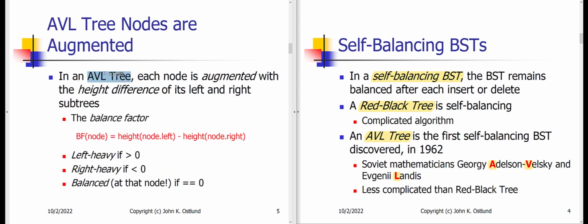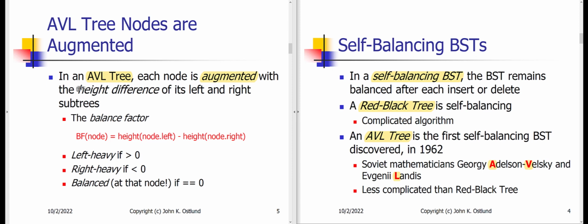So an AVL tree is an example of what's called an augmented data structure. That is, you keep track of the same information that you do in a binary search tree. Every node in the binary search tree has a value and a left child and a right child.